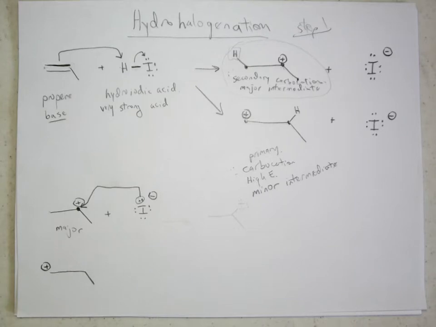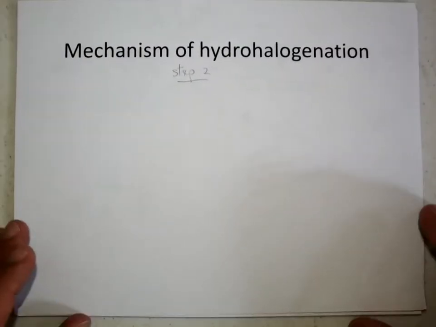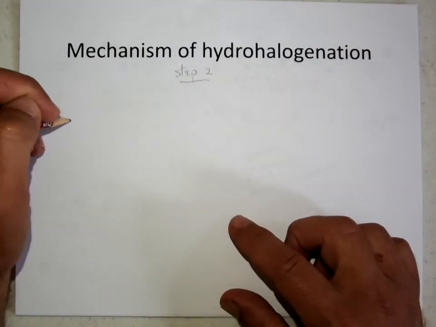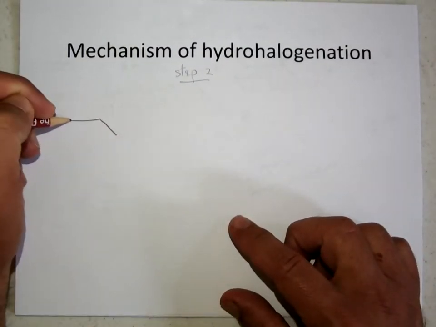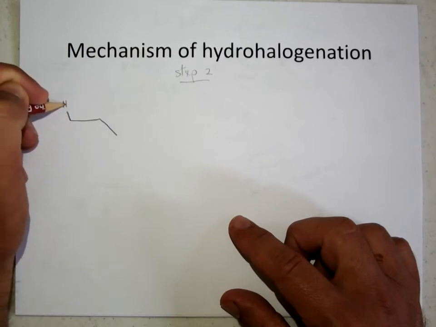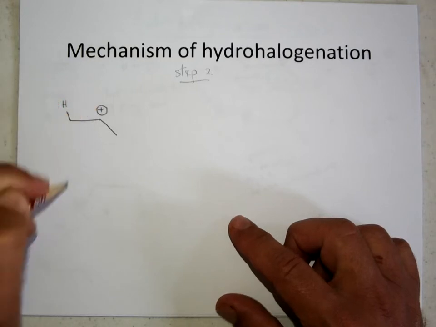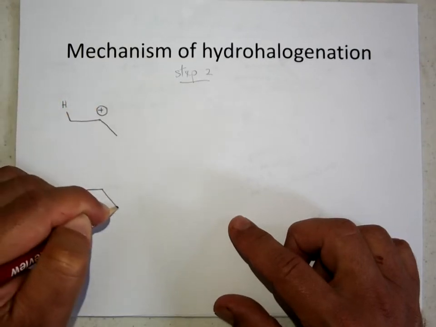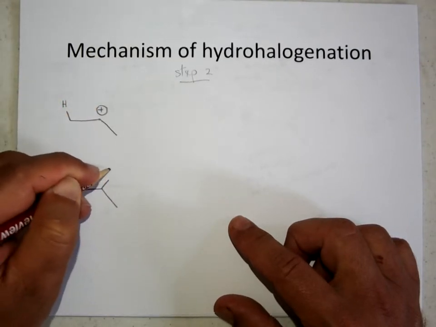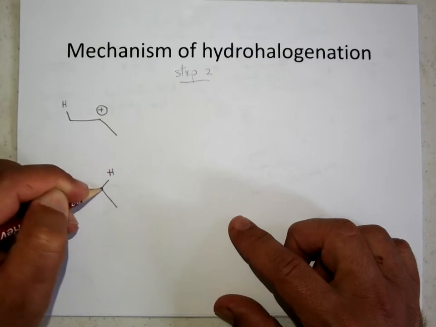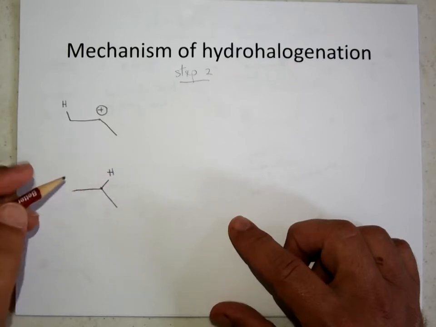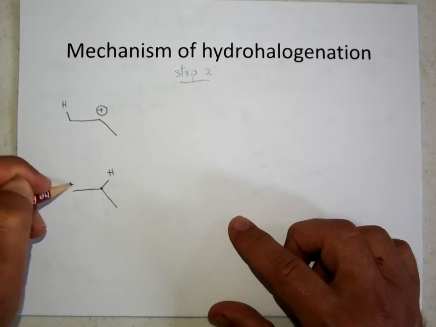And then these will be set up to do the addition reaction of the halide to complete the product formation. So as I mentioned before, if the hydrogen from the acid adds to the primary carbon, then you'll get a secondary carbocation. If the hydrogen from the acid attaches to the secondary carbon, then you'll get a primary carbocation.